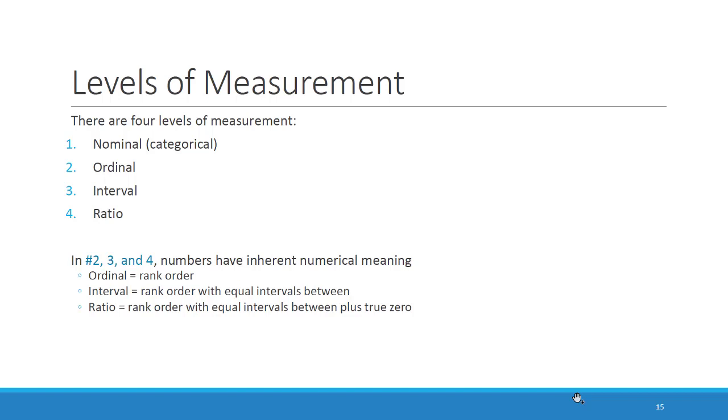An ordinal variable provides a rank order. So you know that someone who is rated a 4 is ranked higher than someone who is a 3, and so forth. Interval is a rank order, but also has equal intervals between. Ratio is a rank order with equal intervals between, plus a true 0.